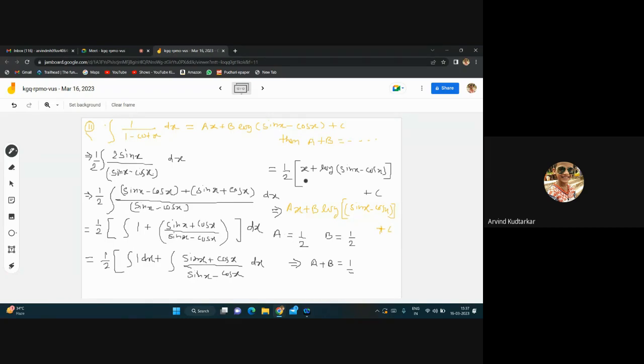So after comparing the solution which is already there in the integral with the proper solution of the integral, the values of the constants are the same, that is a is half and b is also half. So what is the sum of them? The sum of them will be 1. Okay, sum of them is 1. Okay, see the next.